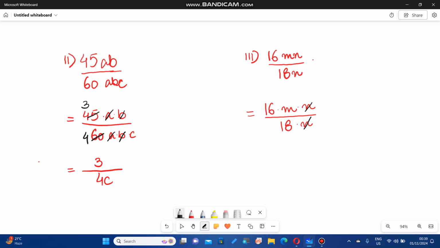We have 16 by 18. 2 times 8 equals 16 and 2 times 9 equals 18. Our answer is going to be 8m in the numerator and 9 in the denominator. So what are we doing? We are cancelling the numbers that are present in both numerator and denominator as well as the variables.